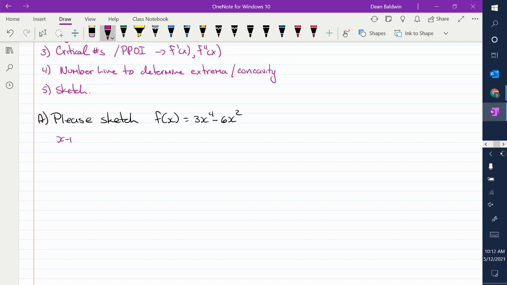So x-intercept is y is equal to 0. 0 is equal to 3x to the 4. What do I do from there? Factor it and solve, basically. It's always factor. That's all we ever do in this class.